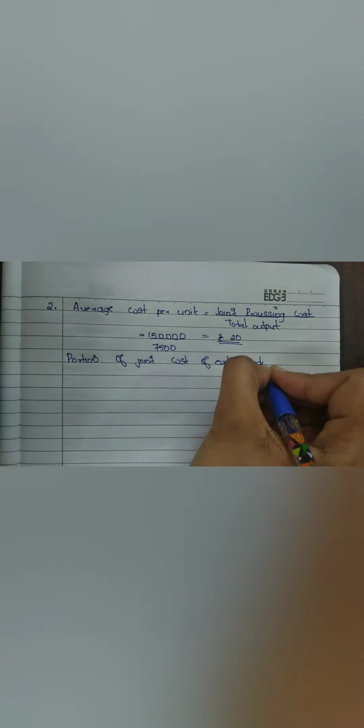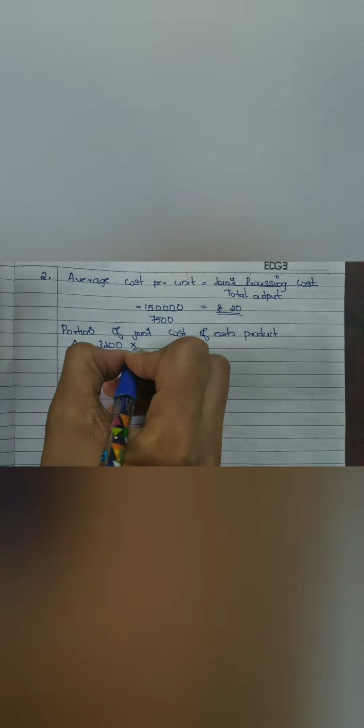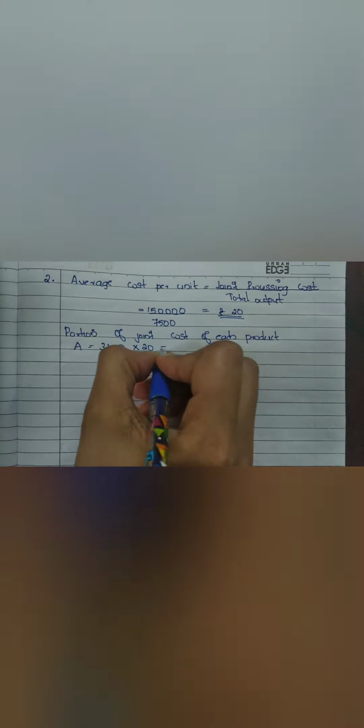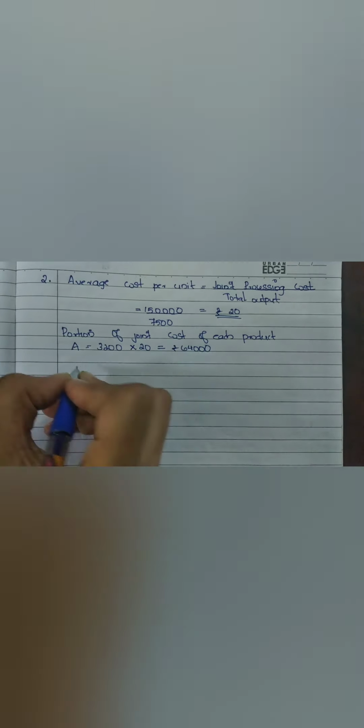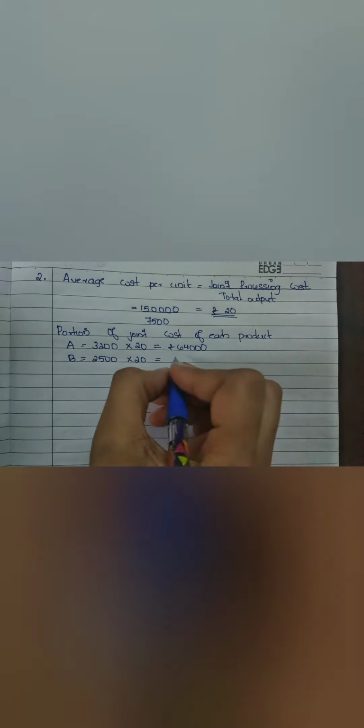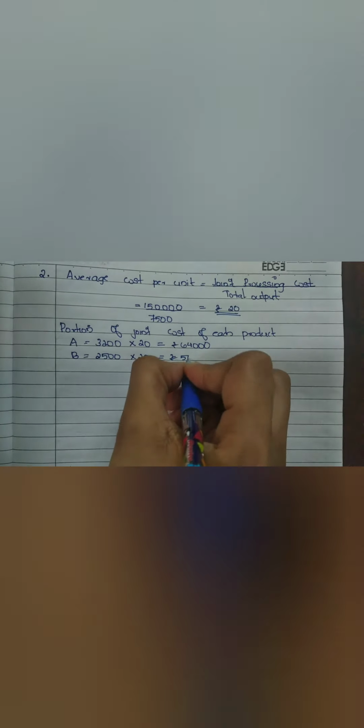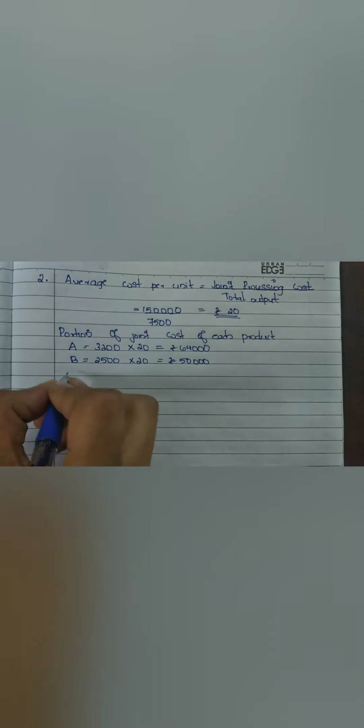So for product A, it is 3,200 from the question into 20 equals rupees 64,000. And for B, it is 2,500 into 20, which is rupees 50,000. And for C, it's 1,800 into 20, which is rupees 36,000.